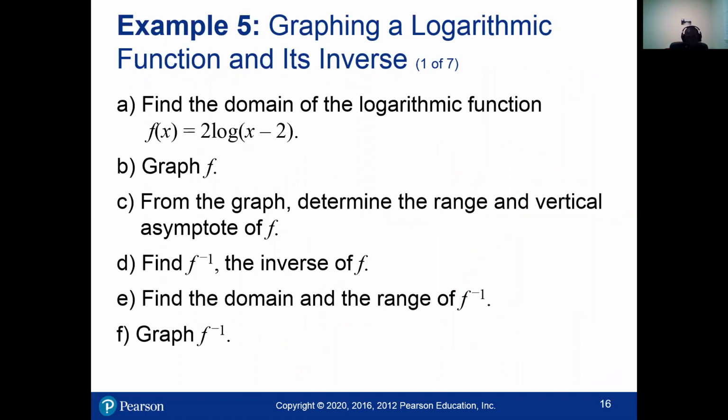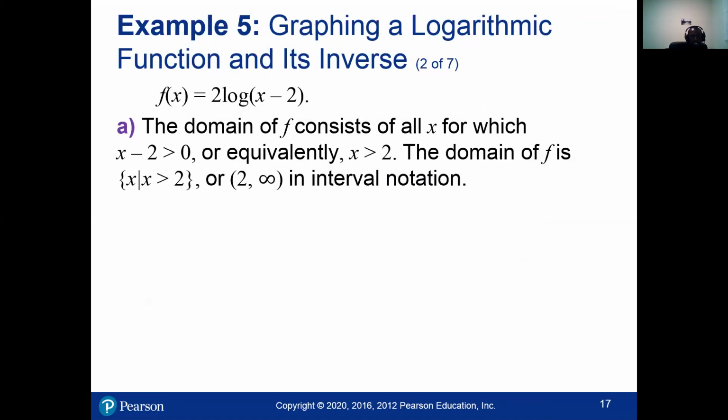So in this example 5, we want to find the domain of the log function, which is f of x is equal to 2 times the log of x minus 2. We want to graph it. From that graph, we want to determine the range and then the vertical asymptote. Then find the inverse function, find the domain and the range of the inverse function, and then we also graph the inverse function.